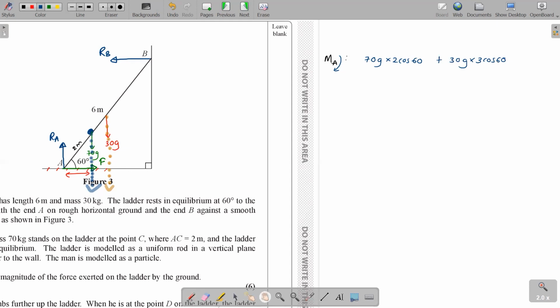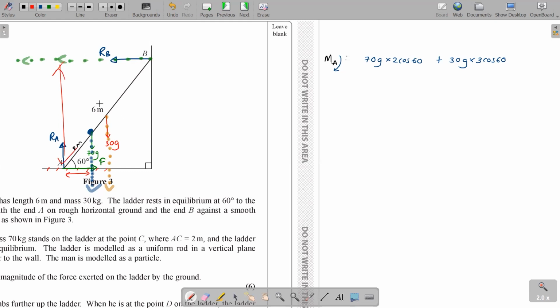The final one is normal reaction at B. So this is producing what moment? You can see it's pulling this way. It's producing an anti-clockwise moment around A. And what's the perpendicular distance? This is the perpendicular distance, right?